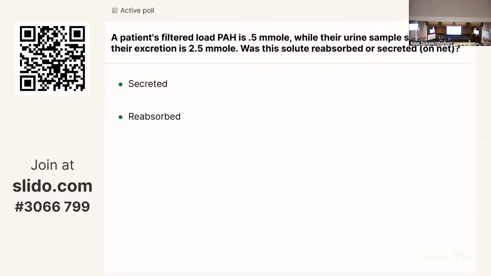So we're looking at a measurement of a specific molecule, PAH. We're looking at the filtered load going into the nephron versus how much is being excreted. We're just trying to figure out whether on the whole we were reabsorbing or secreting this into our bloodstream.